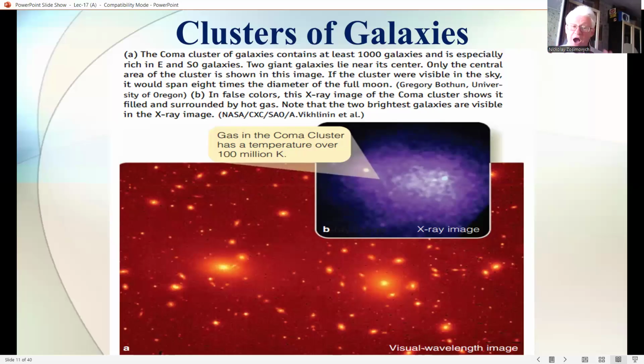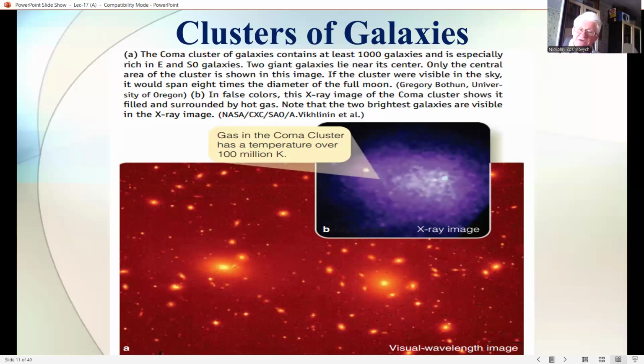Rich galaxy clusters contain over 1,000 galaxies, mostly elliptical, scattered through a spherical volume about 3 megaparsecs, or 10^7 light years, in diameter.